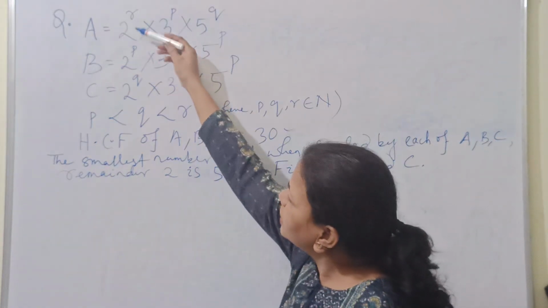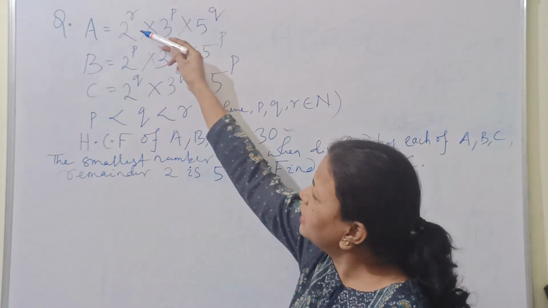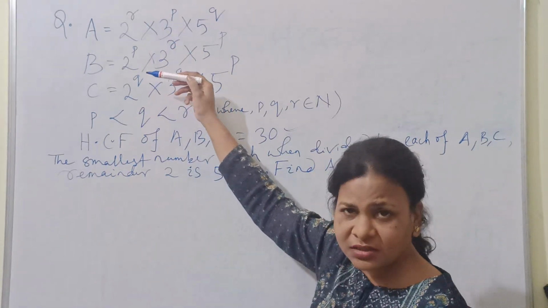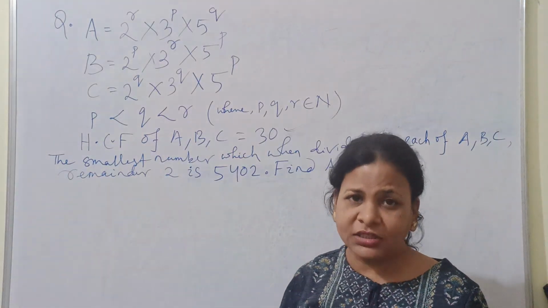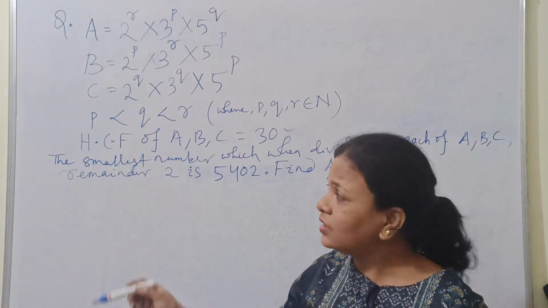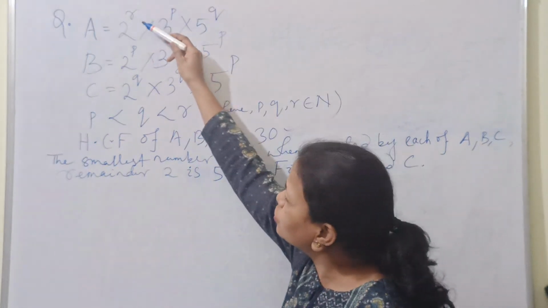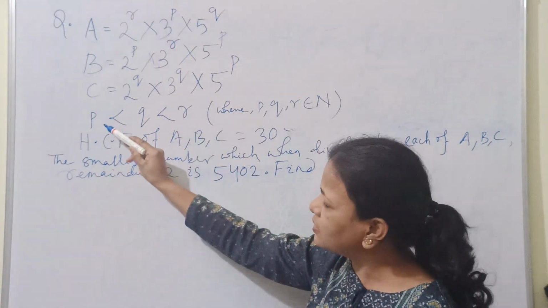So 2 is the prime number which is in these three numbers A, B and C. 2 has a power that is equal to r here, p here, q here. So out of r, p and q, when we find the HCF, which value should be chosen? The smallest value should be chosen. Amongst p, q and r, p is the smallest as per the question.